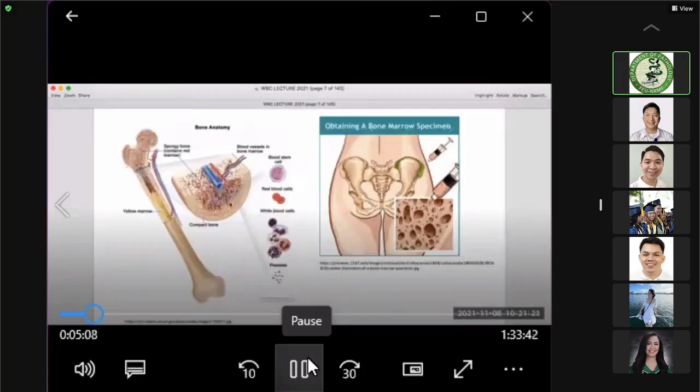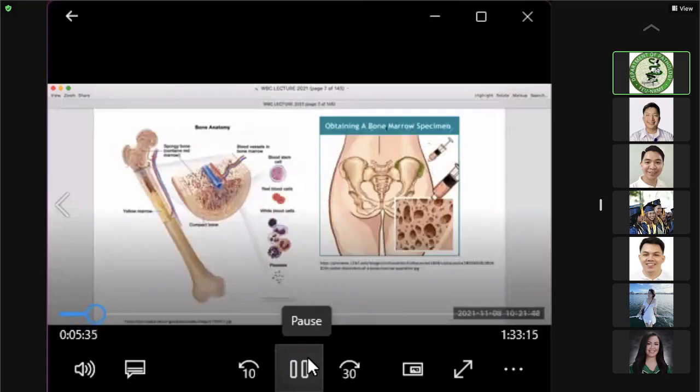If you enlarge it, you see the different components, the spongy bone and the compact bone, and then you get to see the vascular channels that are also involved here. And then, of course, if you look at a higher magnification, you get a bone marrow aspirate or biopsy. You get to see the different blood cells in that specimen.